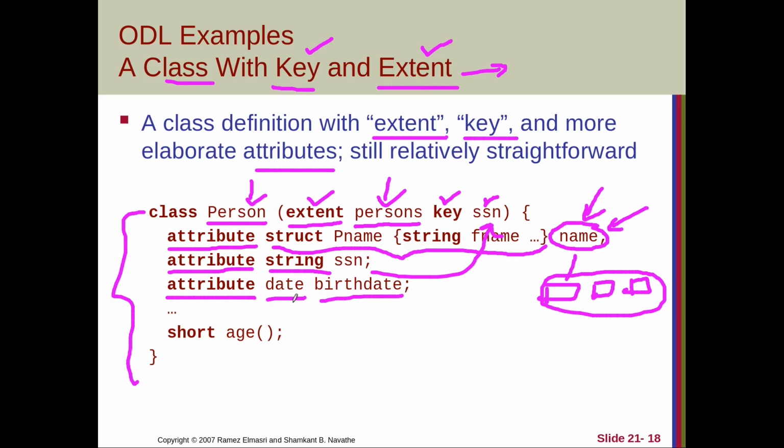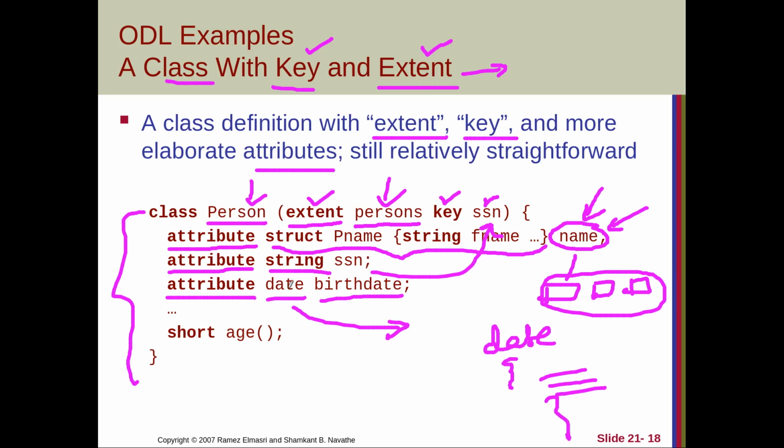Maybe this date is not actually a built-in type, so we need to create a date class separately, so that we can have all the features of date stored in that particular class. So the data type can be a built-in type, or maybe a class type, or can be a further structure type.